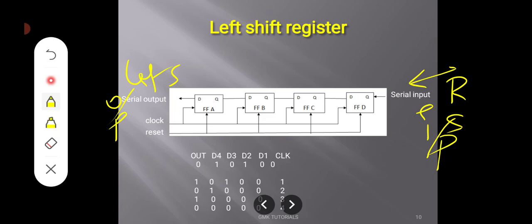Initially we apply a clock signal to the flip flops. The first bit shifts out of the register, and we take n minus 1 clock pulses. Whenever the clock is applied, the first data comes out from the last bit. So this is the way of the process.